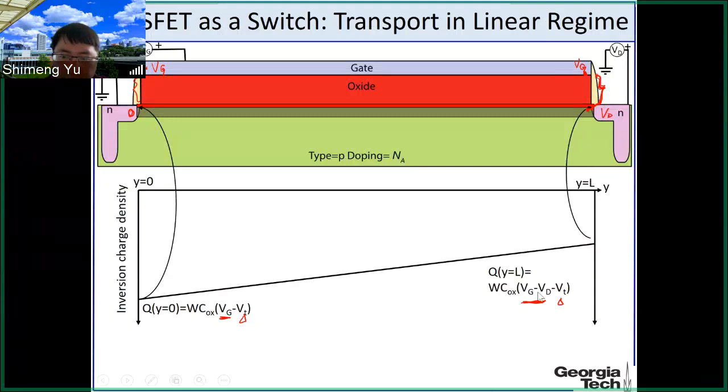And now you see that this is non-uniform, and you see that towards the drain side, because the drain voltage raises the channel potential, the voltage across the oxide becomes smaller. So the inversion charge density also becomes smaller. So here we show the inversion charge density becomes smaller. This value becomes smaller than the source.